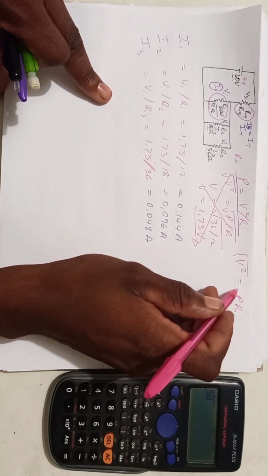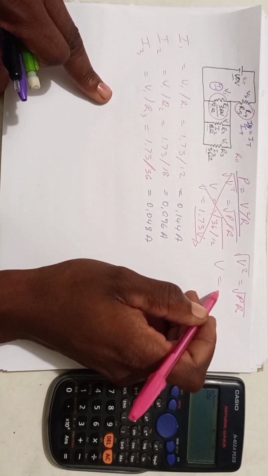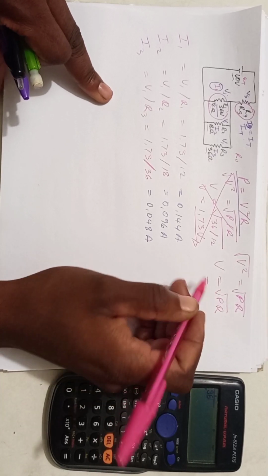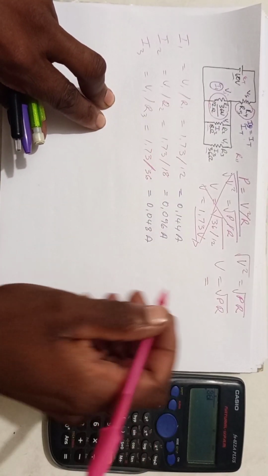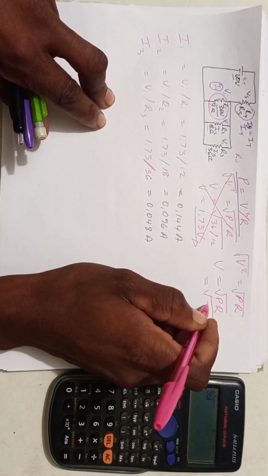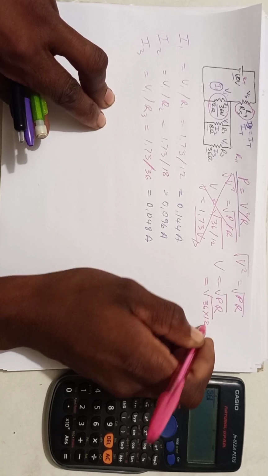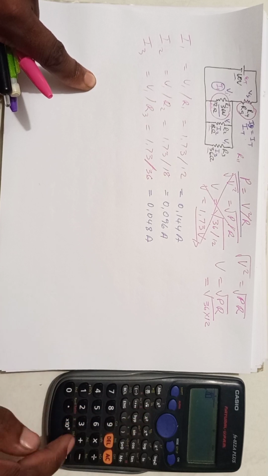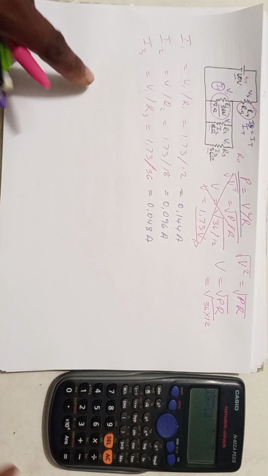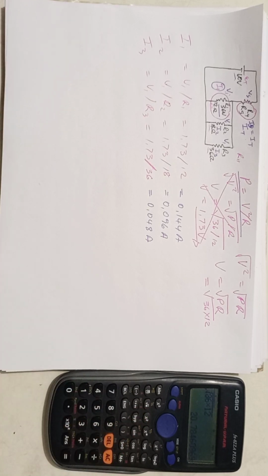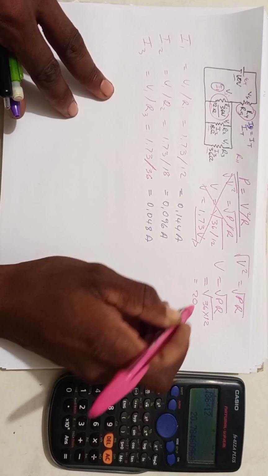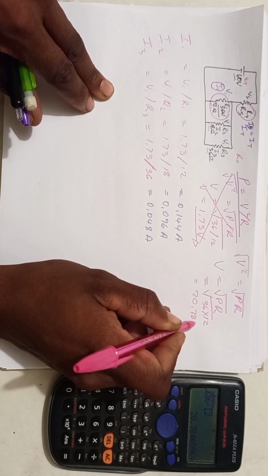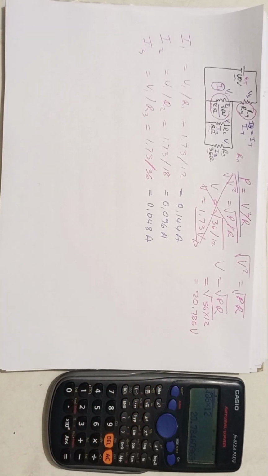So if we square both sides, we get V equal to the root of PR. So if we substitute there, it's 36 times 12. The root of 36 times 12 is 20,785 volts.